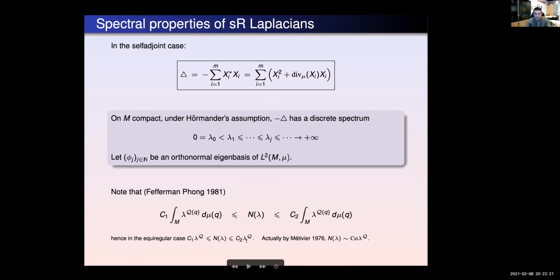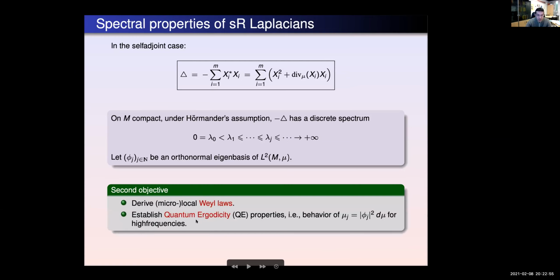But actually, this kind of estimate was already known by Métivier, and at the end of the 70s, Métivier proved that N of lambda is equivalent to some constant times lambda to some power Q. More or less, we are going to go much further than this result by Fefferman and Phong, and we will also give geometric interpretations of the constants.